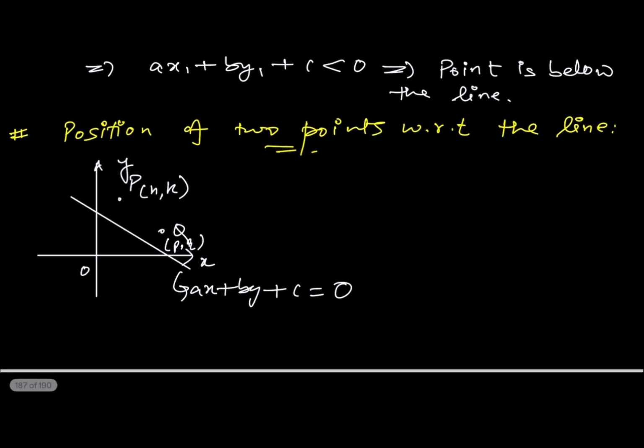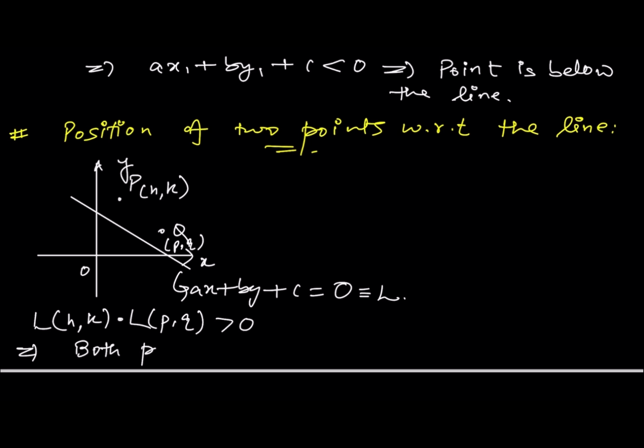And we are saying that P and Q are lying on the same side of the line. So in this case, with this being L, L of h comma k into L of p comma q is greater than 0. This implies both points are on the same side of the line.